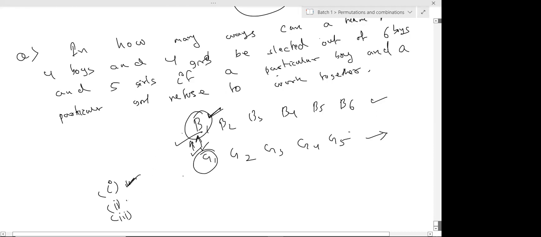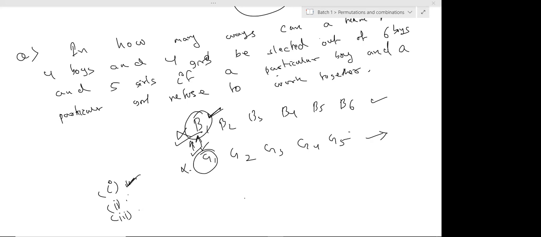In the second case, take G1 selected in the team. In the third case, neither B1 nor G1 is selected. All right, then try to solve this. Is it clear, everyone? Or does it sound difficult?